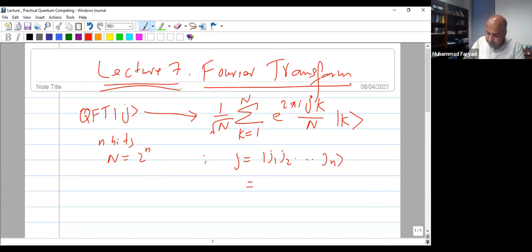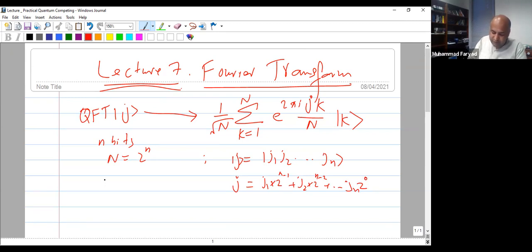So this j is j1 into 2 power n minus 1 plus j2 into 2 power n minus 2, all the way to jn into 2 power 0.